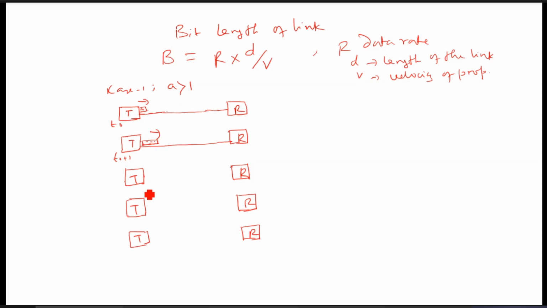If A is the propagation time, the first bit of the frame will reach the receiving station at T0 plus A. Then the frame will be completely absorbed by the receiving station at T0 plus A plus 1, and immediately it will send the acknowledgement.